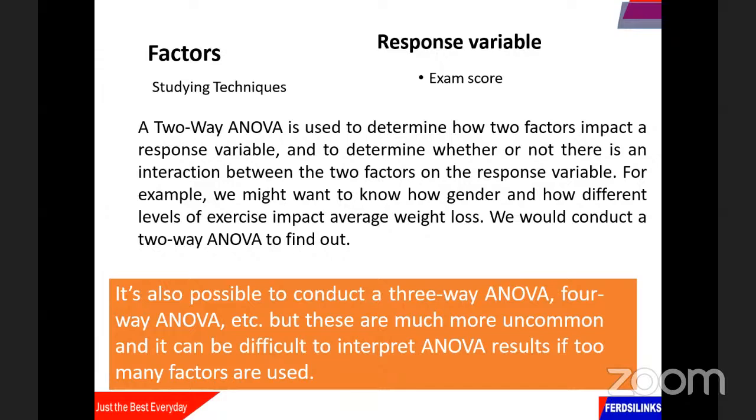But there are scenarios where we can have two independent variables and one dependent variable. You get that? Two or more. If we have two independent variables and one dependent variable, we call it two-way ANOVA. Some call it factorial.